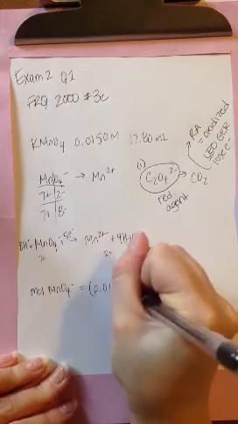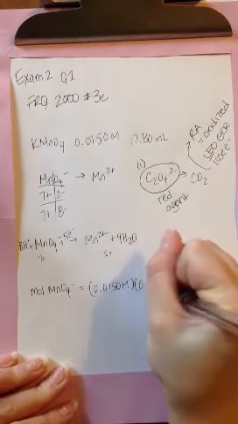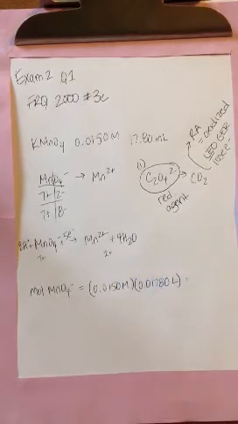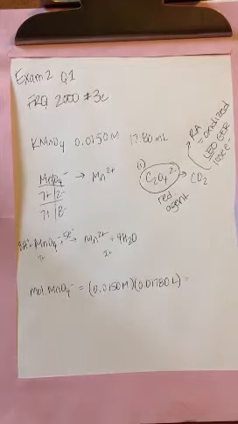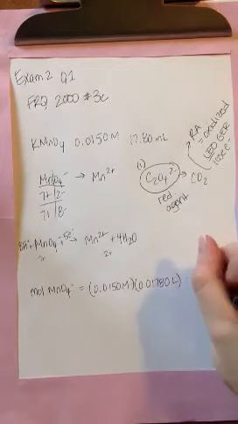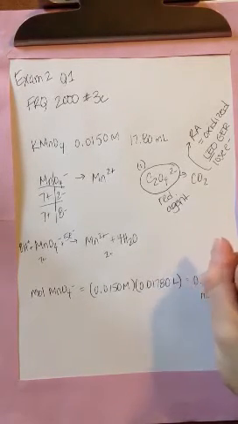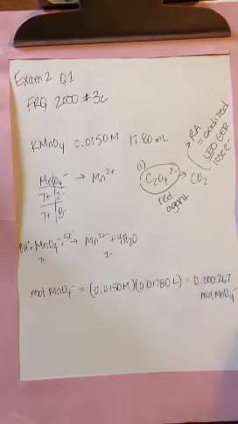It's 0.0150 molar times converting this to liters. 17.8 divided by 1,000 gives me my 0.0178, times 0.015. That gives me 0.000267 moles of MnO4 minus.